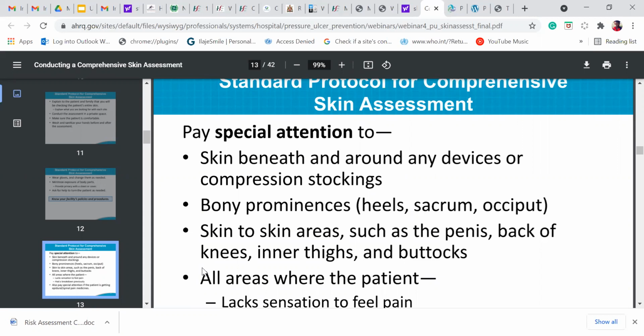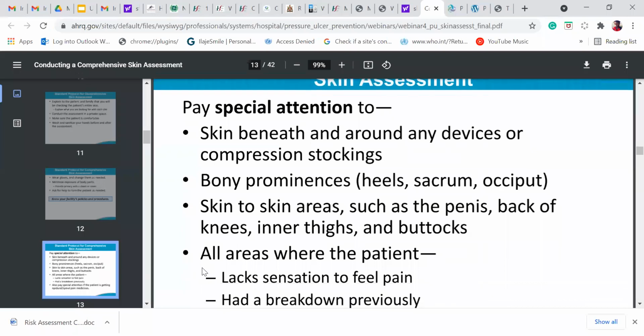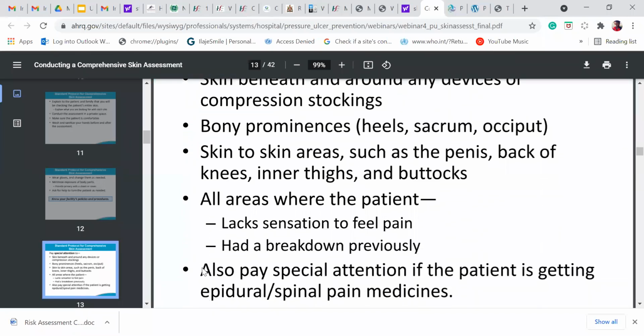Also pay attention to bony prominences like the heels, the sacrum, the occiput. I know you can remember and try to revise the pressure areas of the skin. Also skin-to-skin areas such as the penis, back of the knee, inner thigh, and buttock. You look at these places, they are very important. Also all areas where the patient lacks the sense to feel pain or had a breakdown previously.